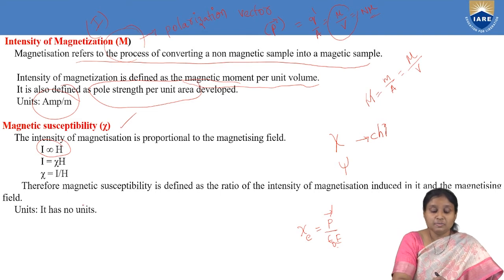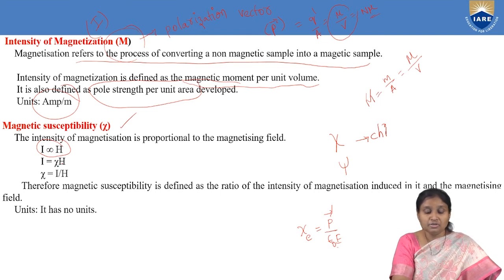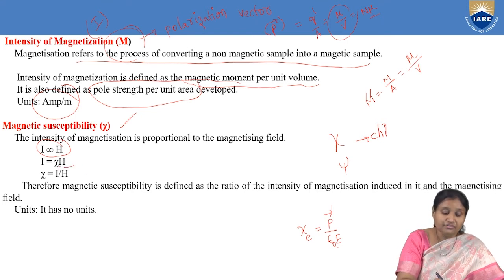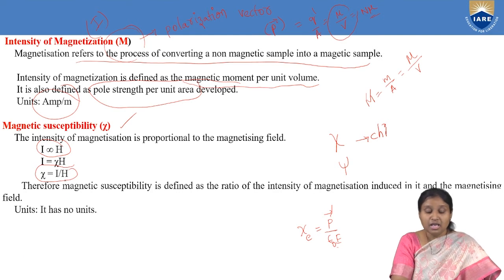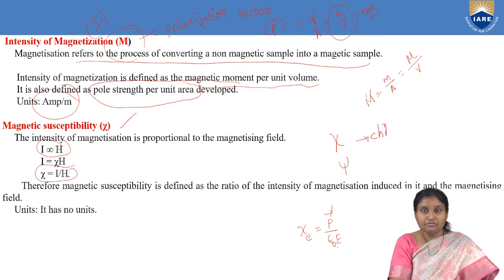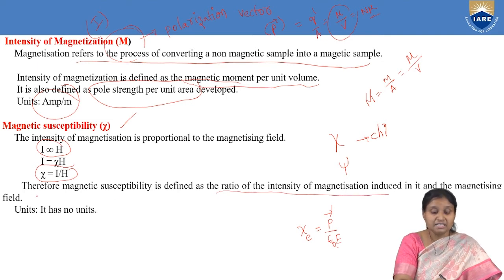If I take out this proportionality sign, I'm introducing one constant chi. So I is equal to chi H. What is this proportionality constant called? It is called magnetic susceptibility. And the definition of magnetic susceptibility is a ratio: the ratio of intensity of magnetization to the magnetizing field.